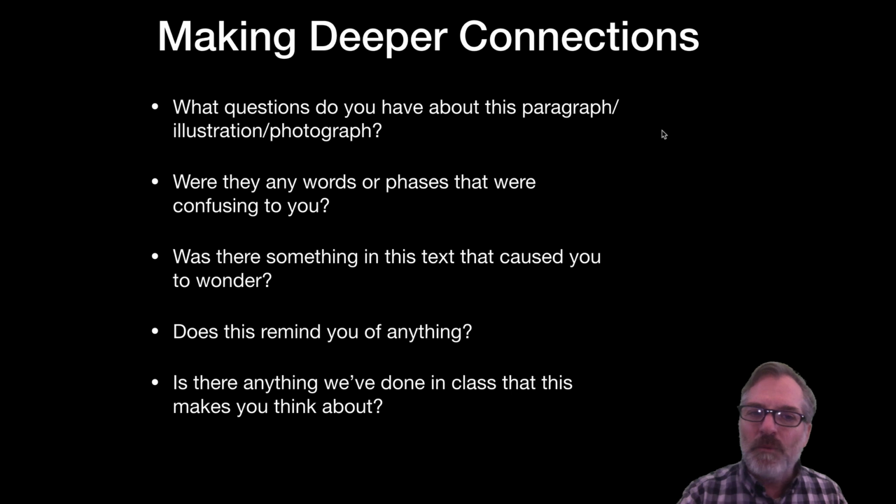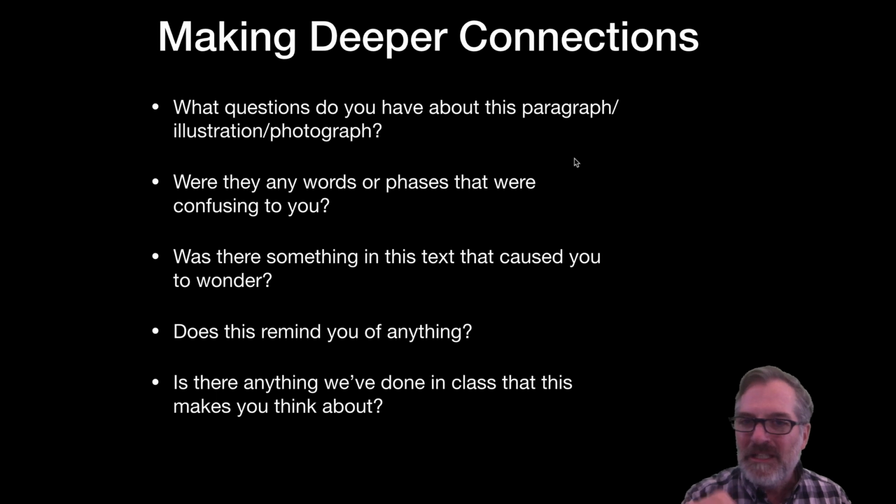So the first thing is we want to ask questions about the paragraph or maybe a picture, or maybe there were some words that were a little confusing. Highlight them, underline them, ask questions. What's confusing? Maybe there was something in the text that caused you to wonder. I'm always thinking like, oh my gosh, I wonder if this happened, or I wonder what's going on here. I wonder, right? So write those down. Does this remind you of anything, right?